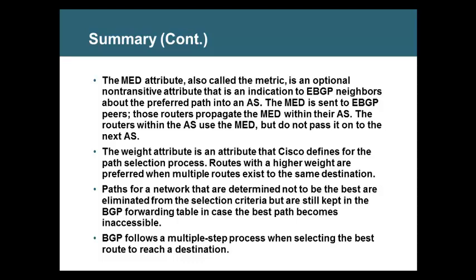Of course, all the paths will be seen in the BGP forwarding table, but only those that are selected will be put into the routing table for reachability. BGP follows a multiple step process, which we just saw, when selecting the best route to reach the destination.